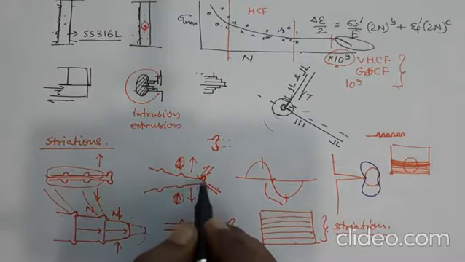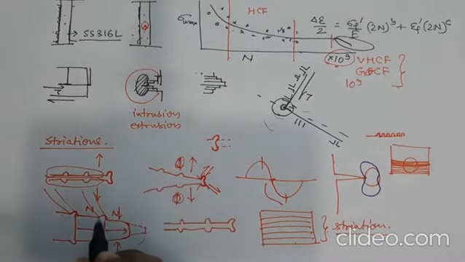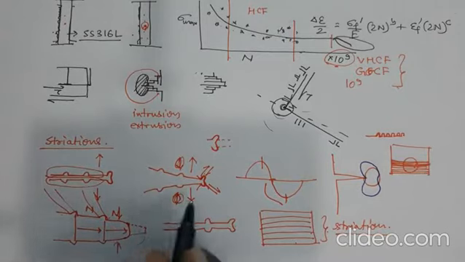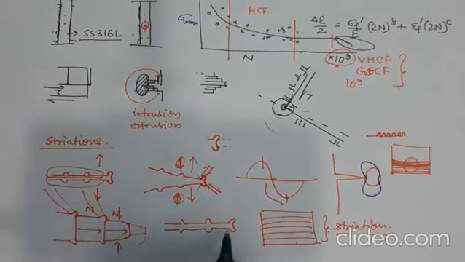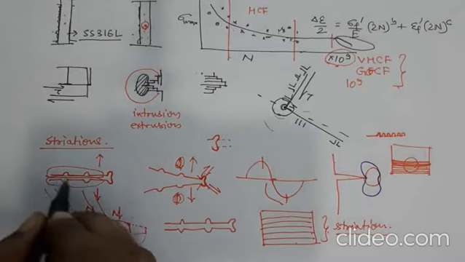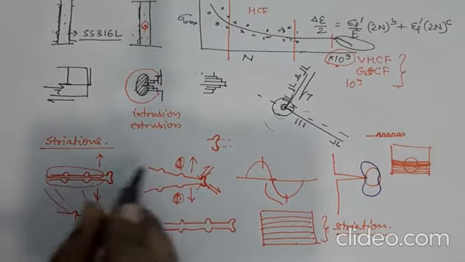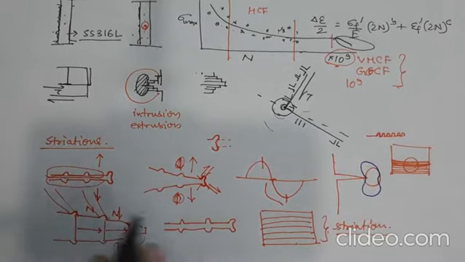These two parts will open up and blunt, the crack will propagate by a certain amount, and then during compression the whole thing will get compressed, so it becomes similar to the starting position, and the same cycle is repeated over and over again in each cycle.